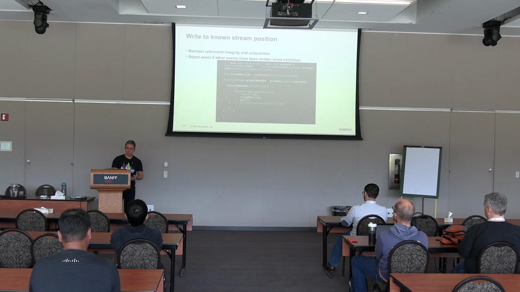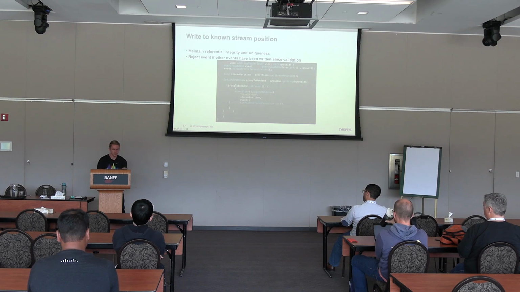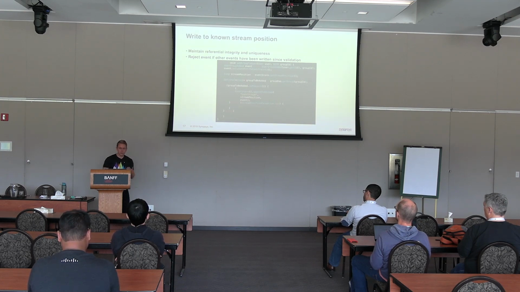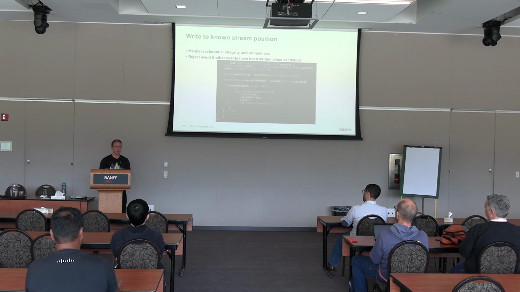So if you take the current stream position and then also get the state of your application at that time, represented here by that event store get stream position, and then using a data access object to get this reference, you can be sure that if you can write to that stream position, that you have that referential integrity in place. You don't have to worry about issues on the subscriber side of things.